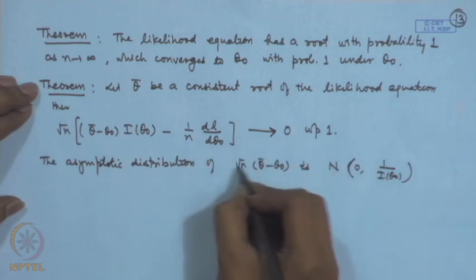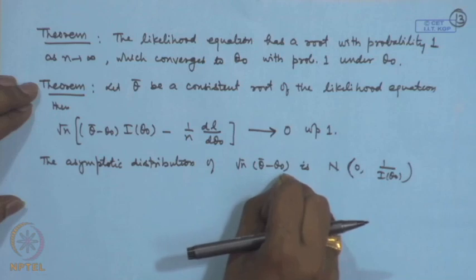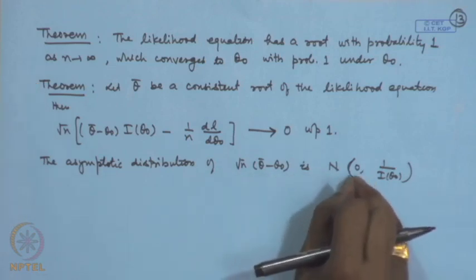That is, as n becomes large, the distribution of root n (theta bar minus theta naught) converges to that of a normal distribution with mean 0 and variance 1 by I(theta naught), where I(theta naught) is the Fisher's information measure.